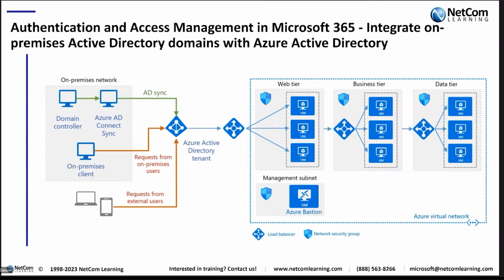We also have on-prem clients as well as external users that will be connecting through Azure Active Directory. From there, we will integrate those to domains that have Azure Active Directory structures, by integrating on-premise AD domains with AAD domains.